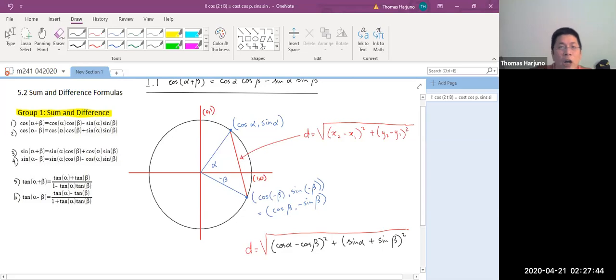If I use color to help you, this is my x2, this is my x1, this is y2, and this is y1. The negative becomes plus because I have negative sine beta.